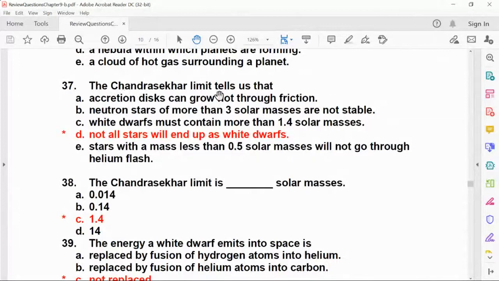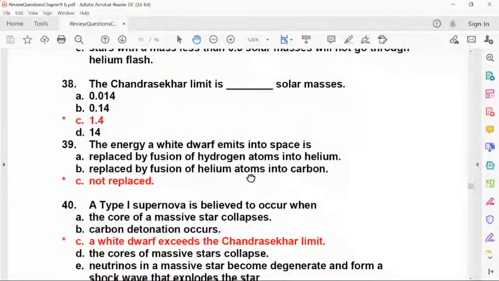The Chandrasekhar limit tells us that not all stars will end up as white dwarfs. The Chandrasekhar limit is 1.4 solar masses. That's the limit. So bigger stars will actually go into something else. They may form a neutron star or a black hole.